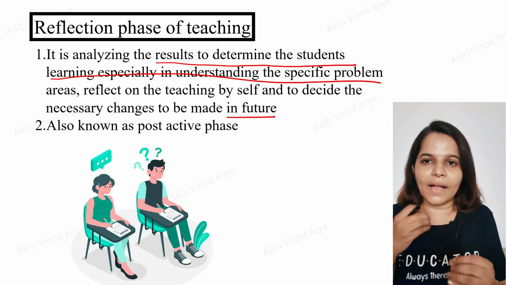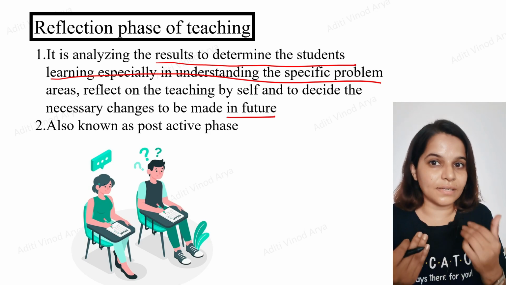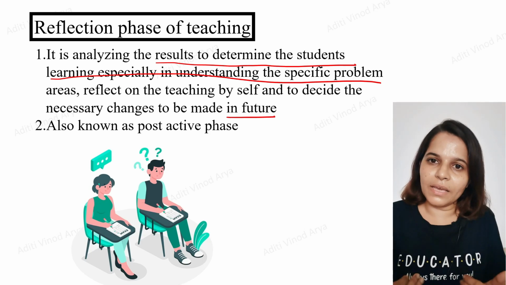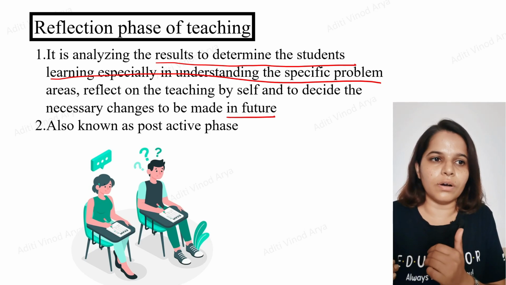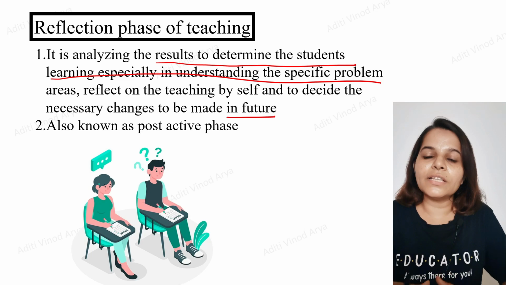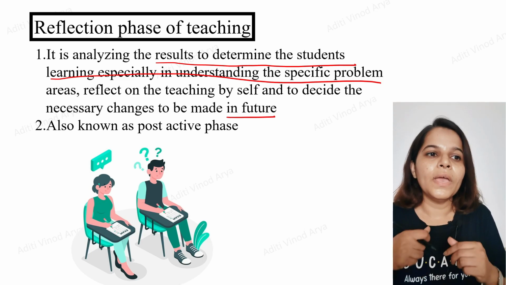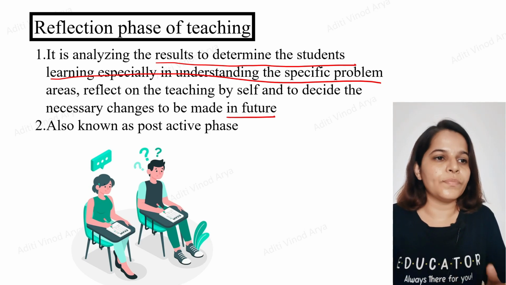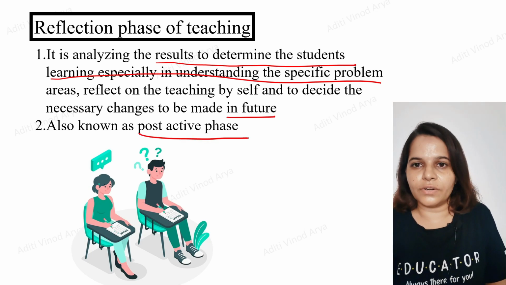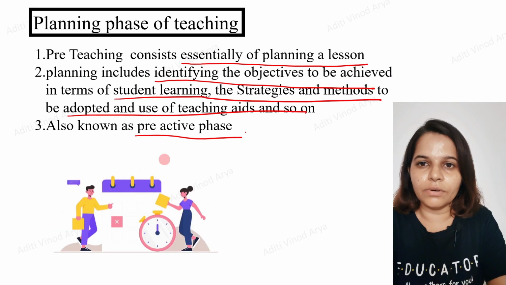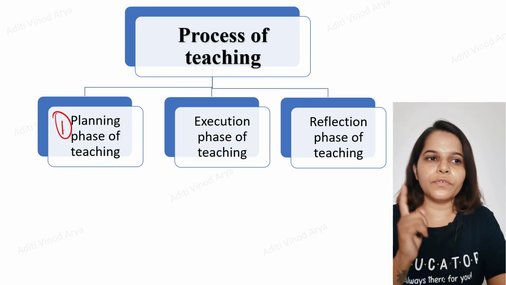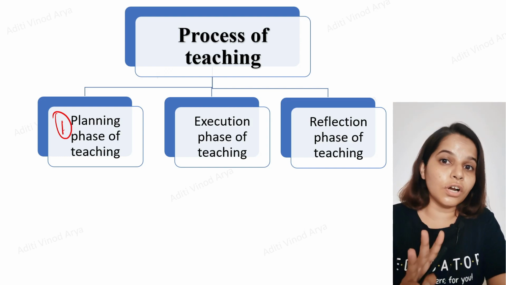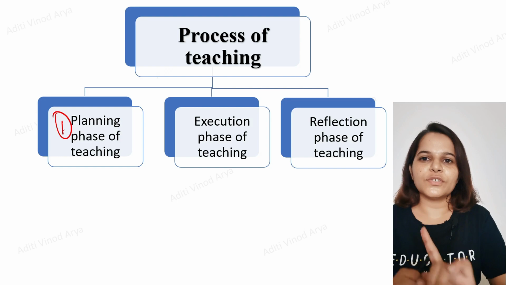So whatever I have taught, did the students understand or not, and if not, what changes can I make in my curriculum or in my teaching way, so that the students do not have problems and these mistakes are not carried forward in future. It is also known as the post-active phase. So these were the three processes of teaching. The first one is the planning phase, the second one is the execution phase, the third one is the reflection phase.